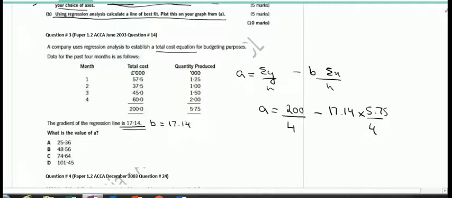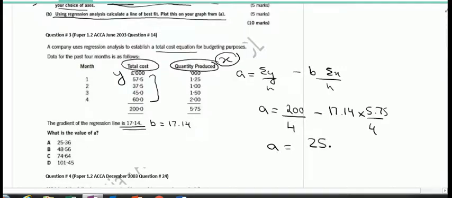Why did I take total cost as y and quantity produced as x? Because over here the quantity produced is independent, as discussed in the previous video, and cost depends upon how much you produce. Therefore your A value will be 25.36. So my answer is A.